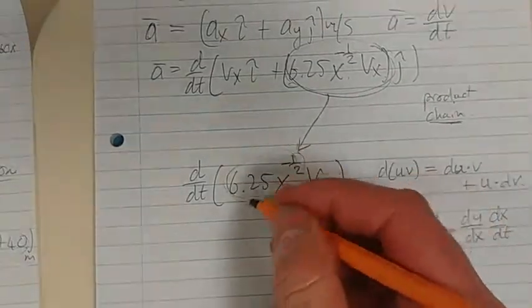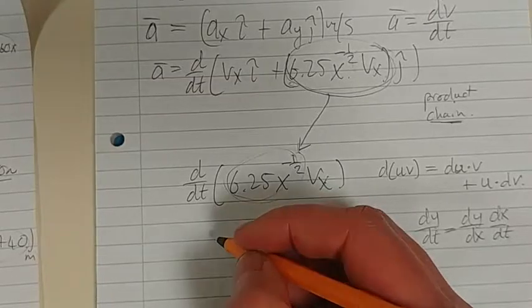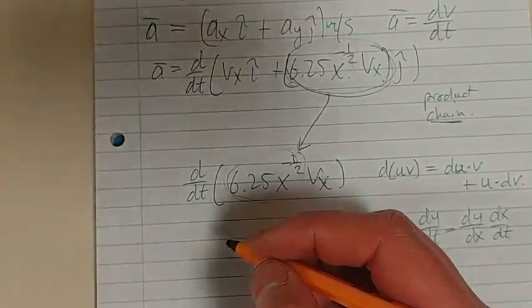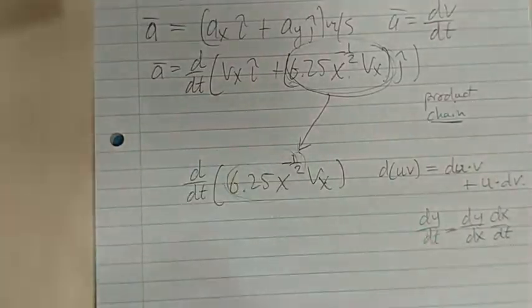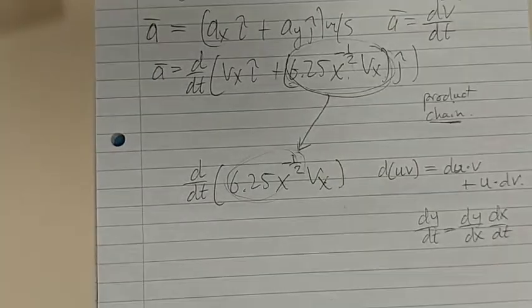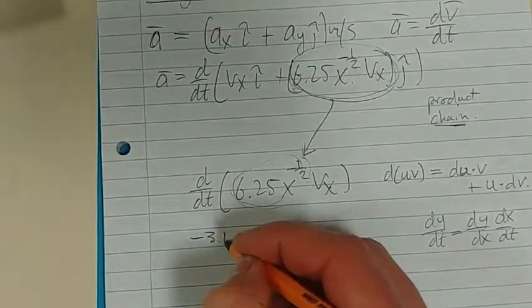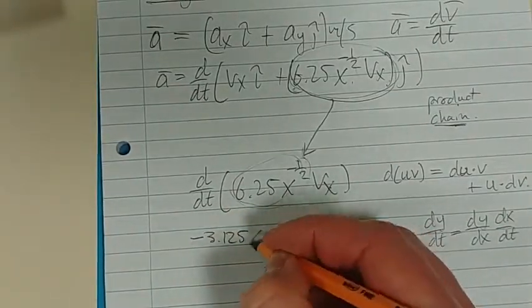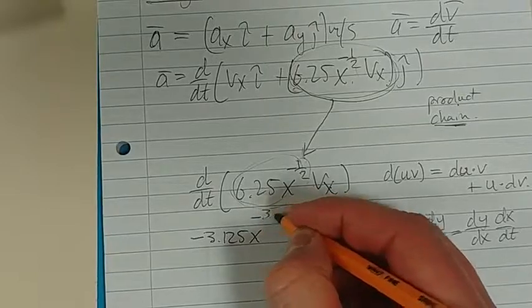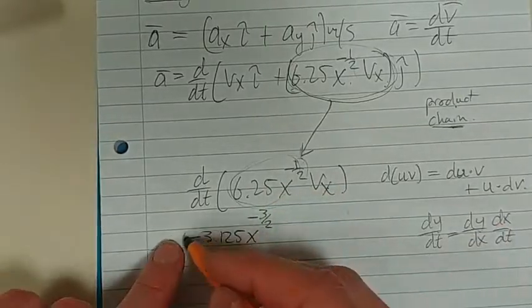So let us look at this. If I can just find my notes, the derivative of that is going to be minus 3.125 x to the minus 3 over 2, right?